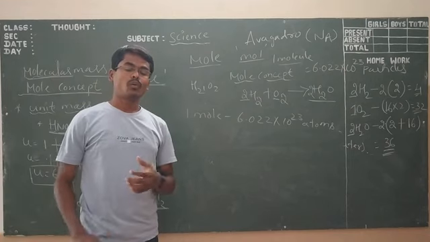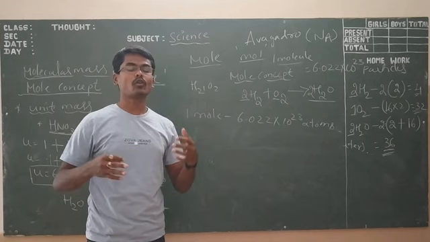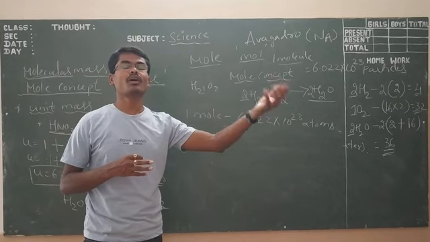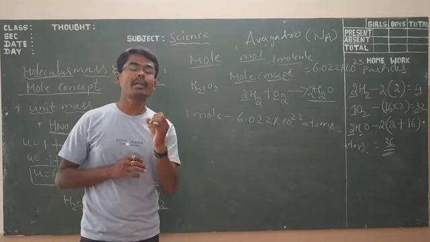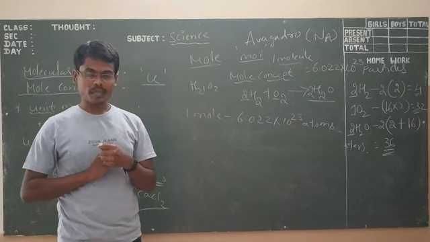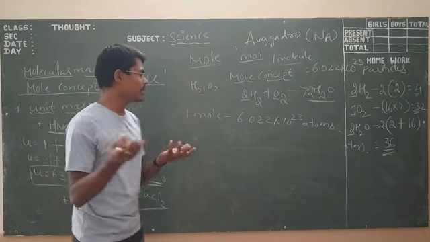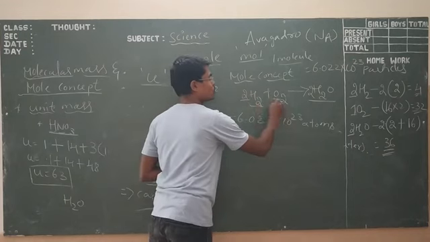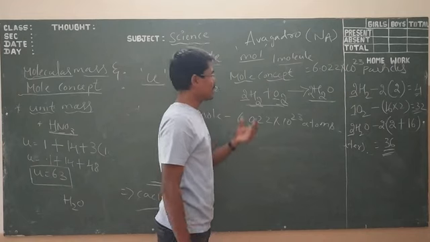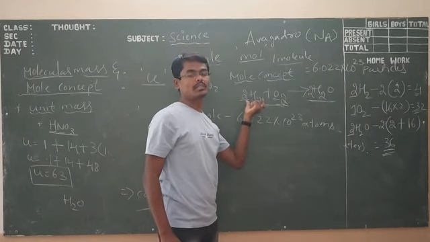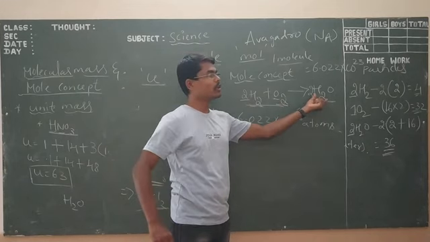When any reactants combine to form a compound, to form any product, how many moles are required? For example, now we have taken H2 and O2. These two are the reactants and H2O is the product. Here it requires two molecules of hydrogen and one molecule of oxygen that combine to form two molecules of water.